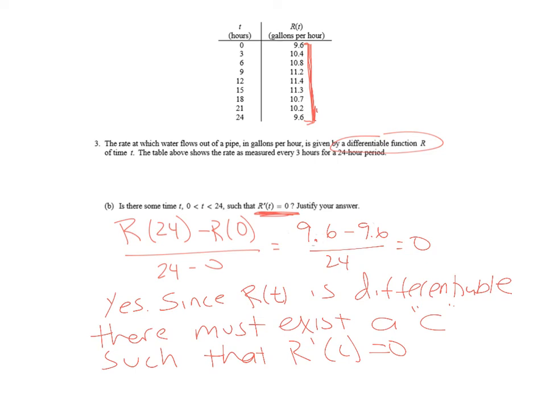I would also throw in MVT: must exist, based on the MVT. Again, you don't have to, but if you don't come up with MVT, it's perfectly fine to just explain using correct calculus.